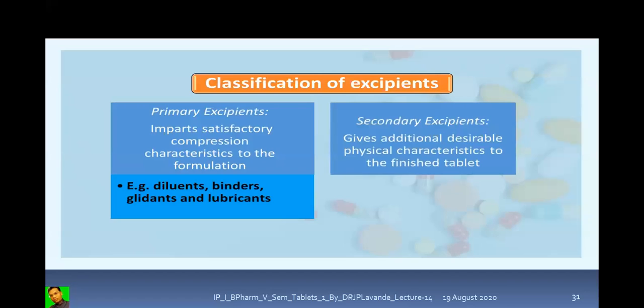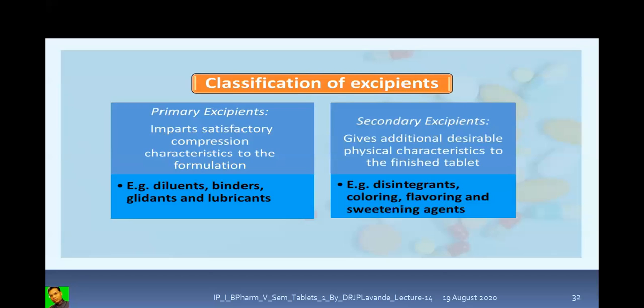Why are these called secondary excipients? Because they give additional desirable physical attributes and characteristics to the finished tablet. And what are these? These are the disintegrating agents, coloring agents, flavoring agents, and sweetening agents.